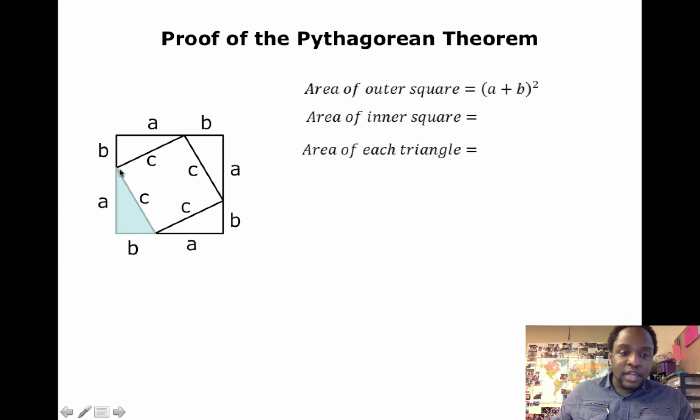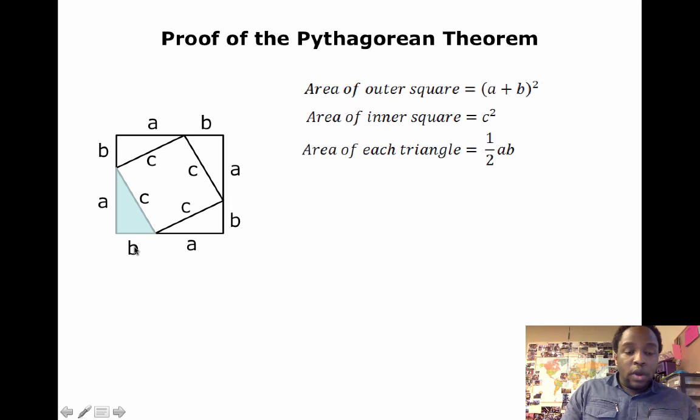The area of the inner square, this length is c times this length is c, so that would be c squared. And the area of each triangle, so remember the area of a triangle is 1/2 base times height. So it's going to be 1/2 a times b or b times a. Doesn't really matter. So 1/2 a times b.